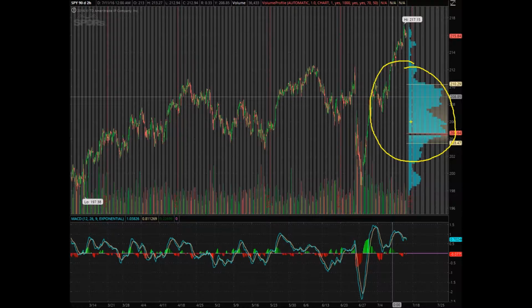So right here I circled these two big bumps of volume. You can see most of the volume is happening right between 201 and, sorry, this is the S&P. This is SPY, the tracking stock for the S&P 500. So this is the 201 level and the 211 level.